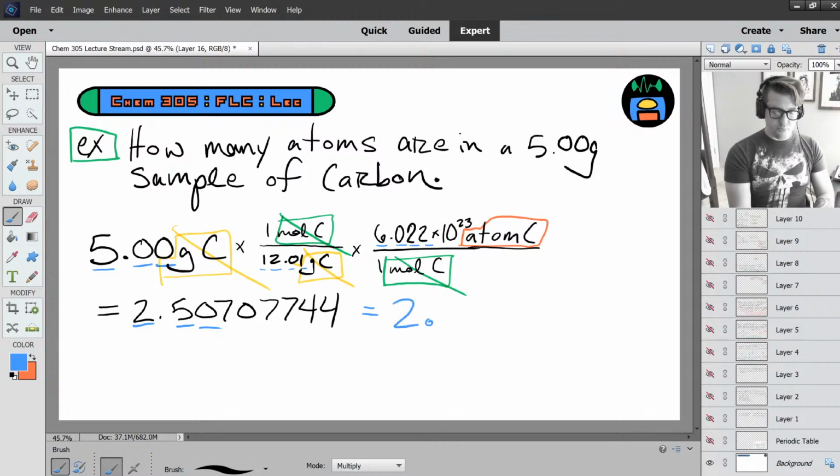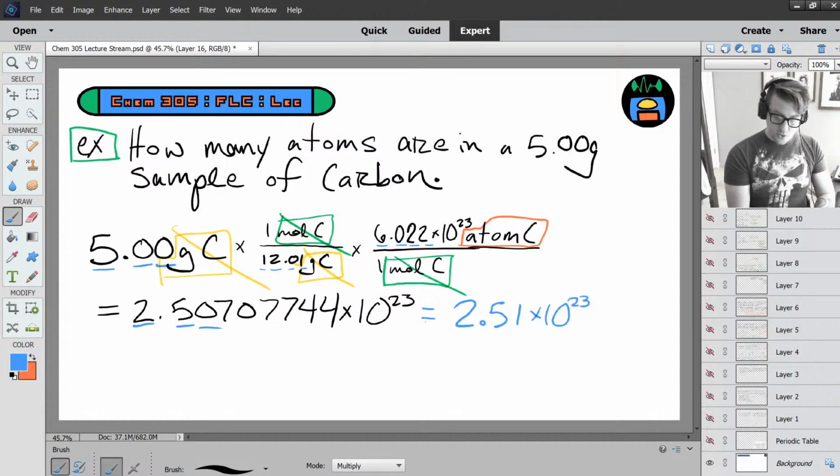Hang on, I forgot a huge part of this number. It's 2.50707744 times 10 to the 23rd, a drastically different number without it. After we round, it'll be 2.51 times 10 to the 23rd, and then our units are atoms of carbon.